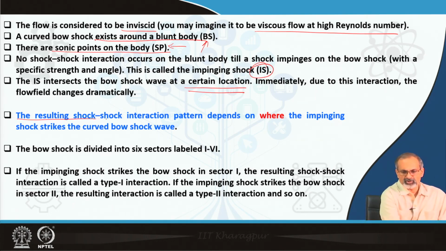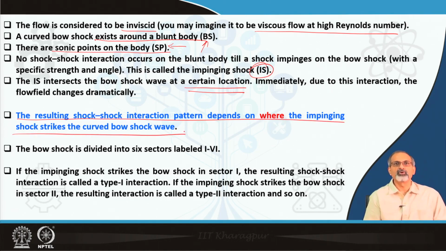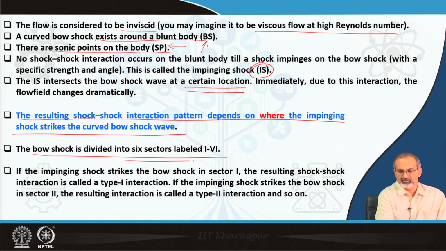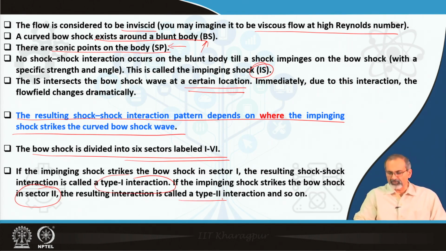The resulting shock-shock interaction depends on where the impinging shock strikes the curved bow shock wave, and the bow shock is divided usually into 6 sectors labeled 1 to 6. The impinging shock strikes the bow shock in sector 1, resulting in type 1 interaction. If it results in interaction in sector 2, it would be called a type 2 interaction, and so on.